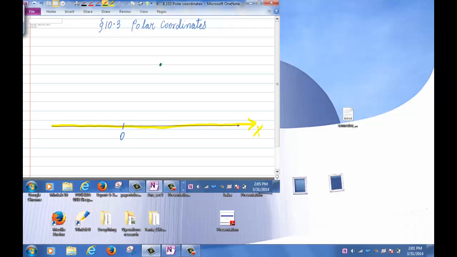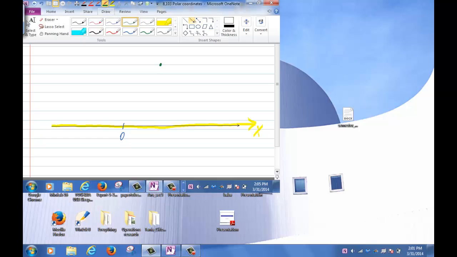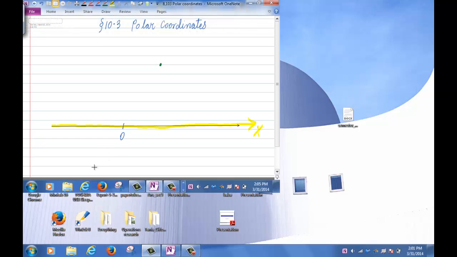So what we are going to do is rotate the polar axis until we intersect the point P. So one way to rotate the polar axis is that we could go through the origin. I guess I'm going to have to change my point P. So let's say the point P is here.